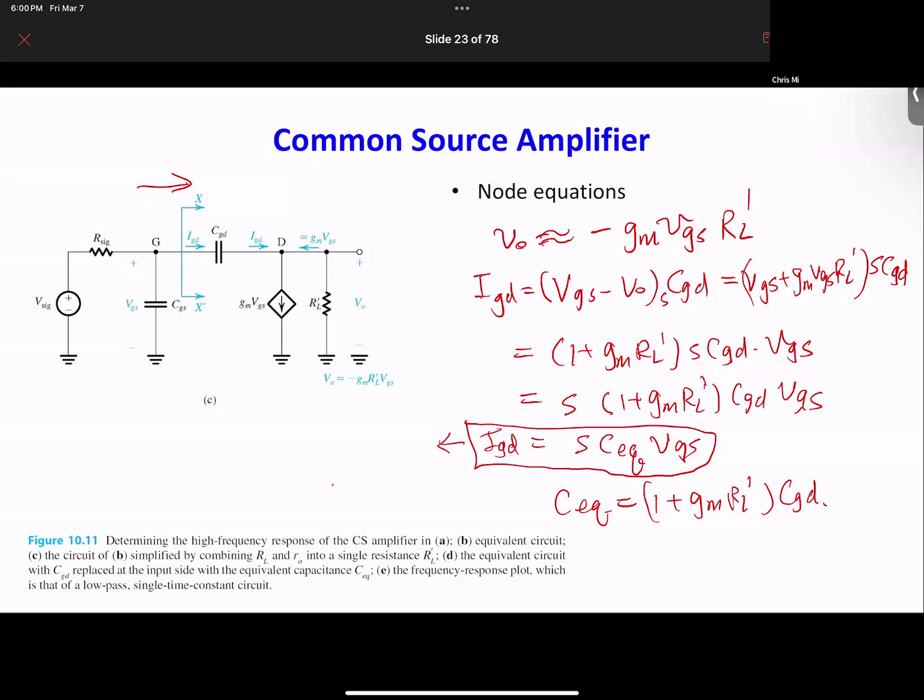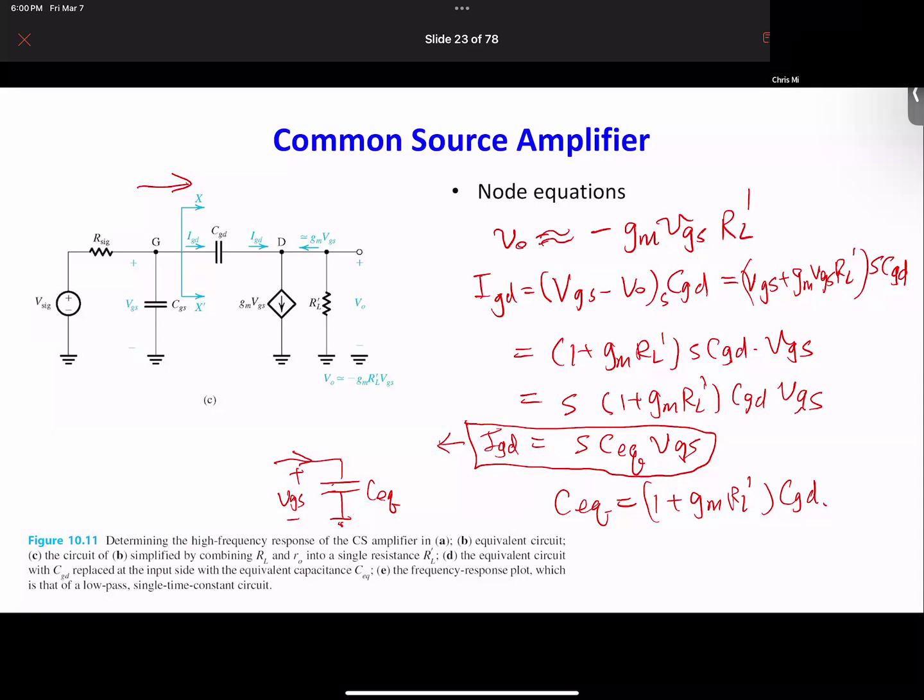This IGD means VGS, which means this is going to look like a capacitance to ground, and this is CEQ. The VGS times S CEQ gives you current. So that's IGD.